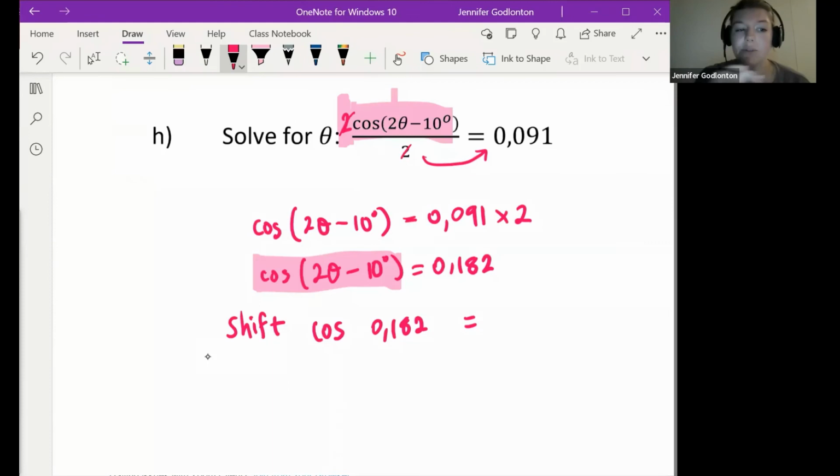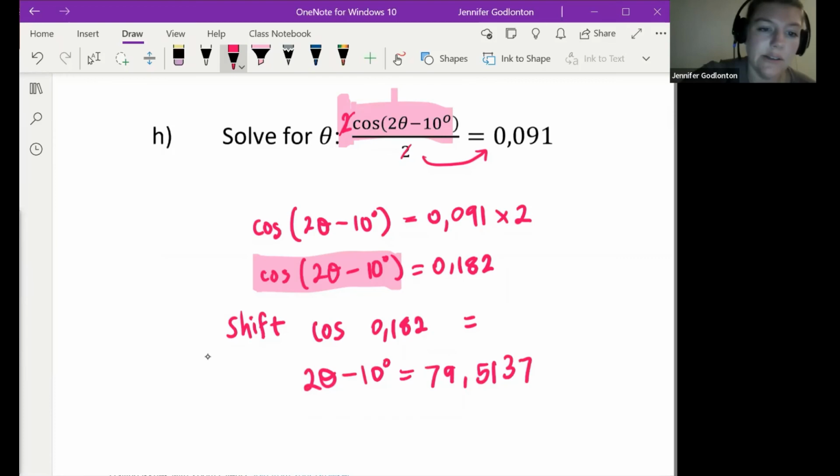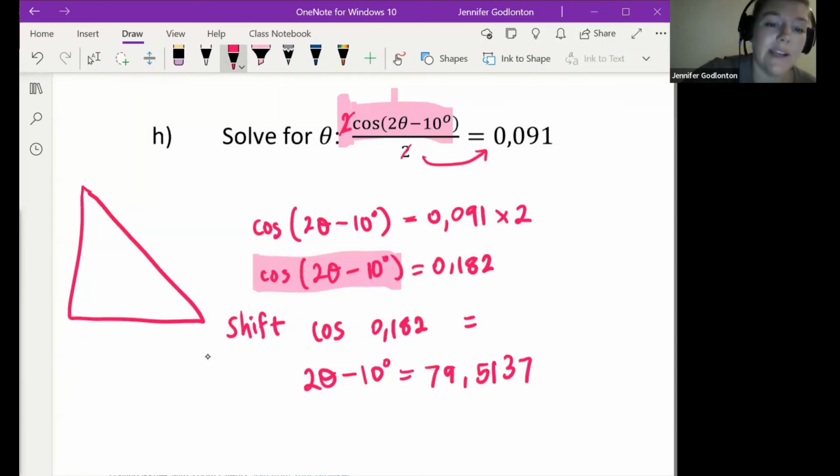Remember this isn't our final answer, so we want to write at least 4 decimal places. Now we've used our calculator, and we're going to say 2 theta minus 10 degrees is equal to 79,5137. Just keep on thinking about what this would look like as a triangle. For anyone who's a visual learner, like me, sometimes you just need to see a picture of what the question is saying.